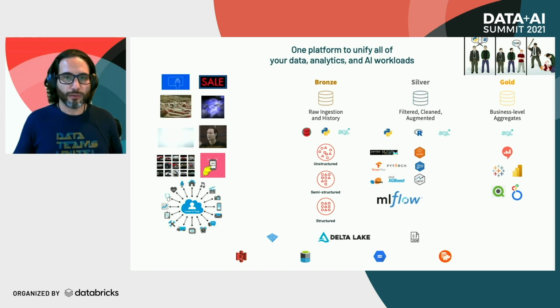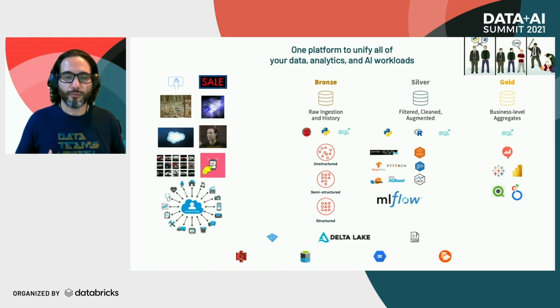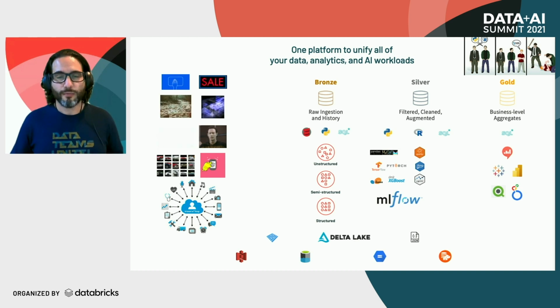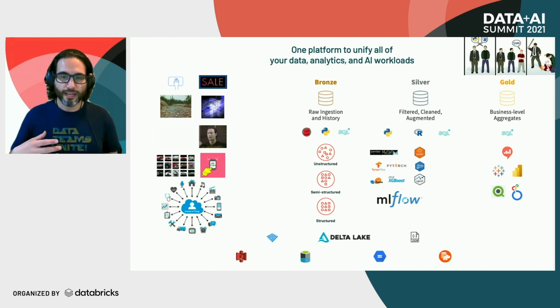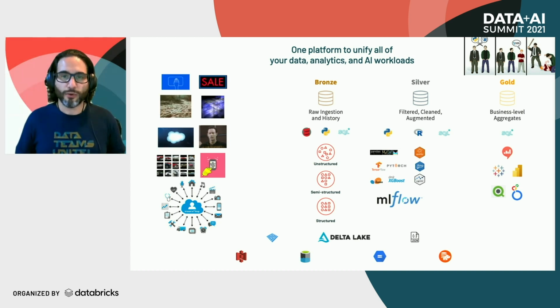And so what they need to be able to do is use tools like Scala, Python, or SQL to load unstructured, semi-structured, or structured data into their data lake. Then they need to create an optimized query layer for data science and machine learning and analytics. Traditionally, we call this the silver layer.